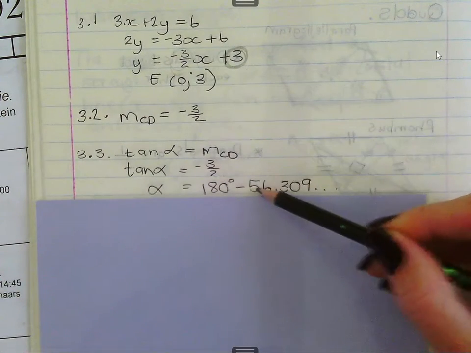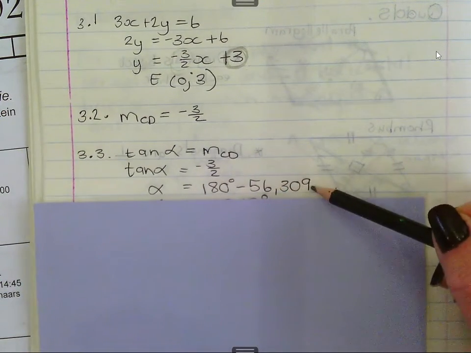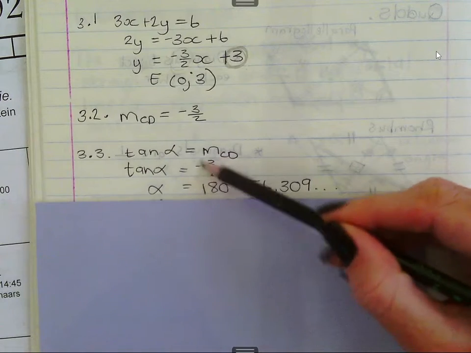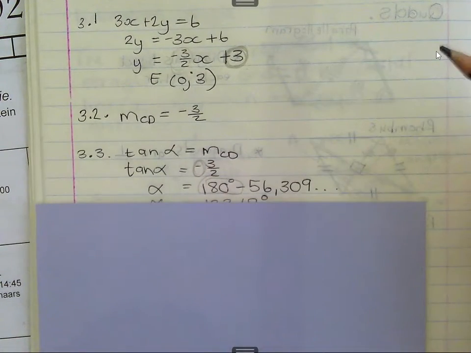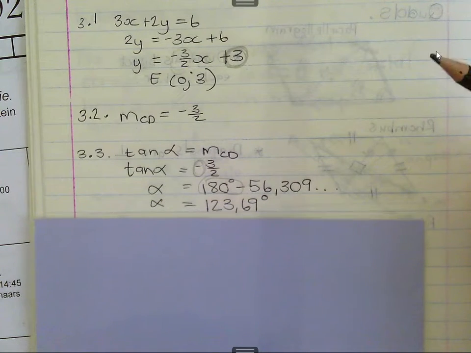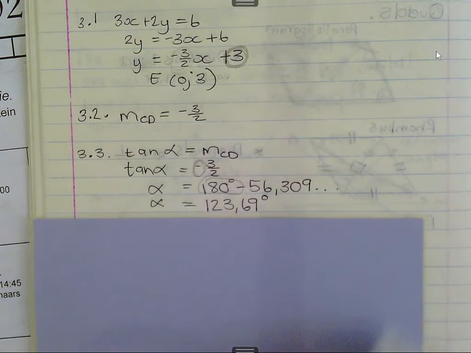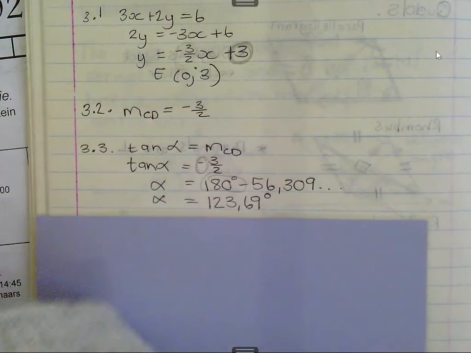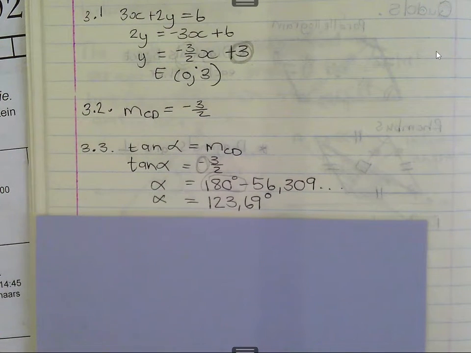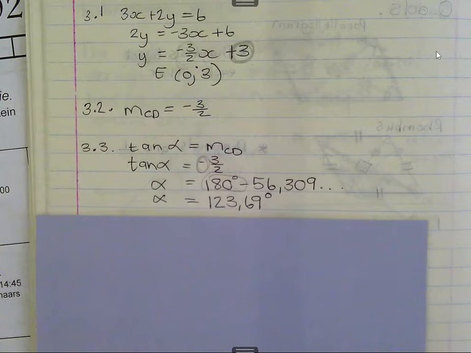And then it gives you 56,309. But because it had a negative, you're going to say 180 minus the value that you get. And then you get the answer, an obtuse angle, as we expected it to be, of 123,69. You all understand? Did you get it?